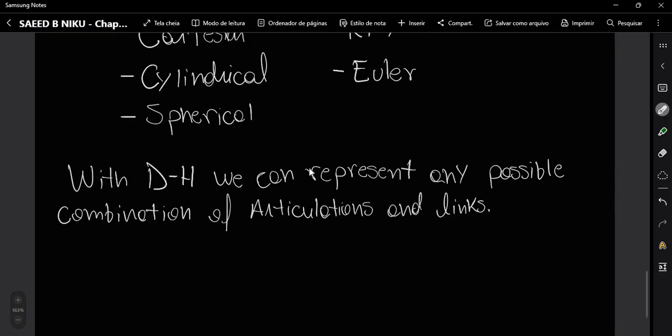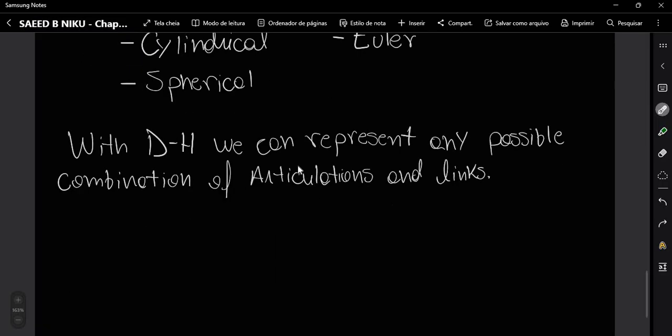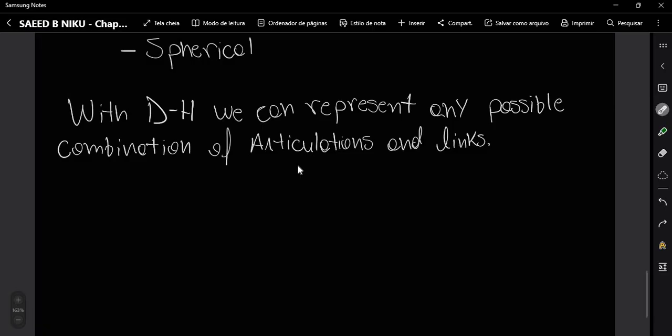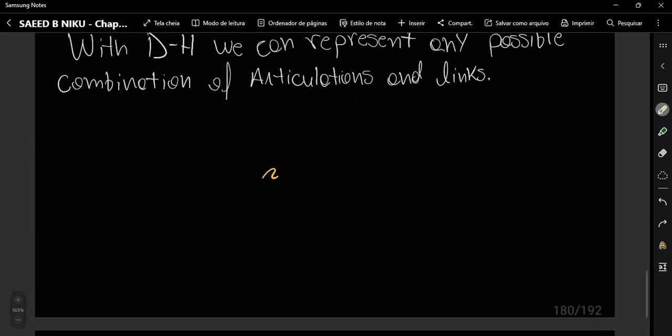Now, what is important to comment on is the benefit that we get using the Denavit-Hartenberg representation instead of the ones that we have already studied, which is the representation with these coordinate systems right here. So let me write this in a different color because it's important.